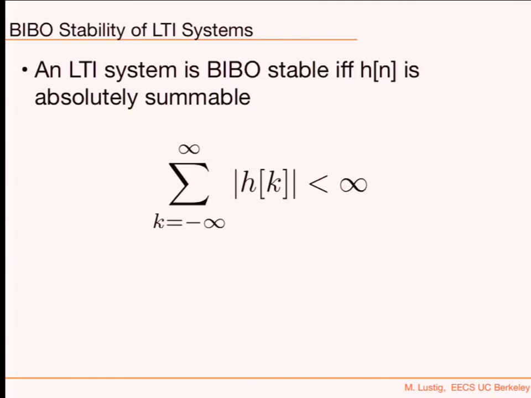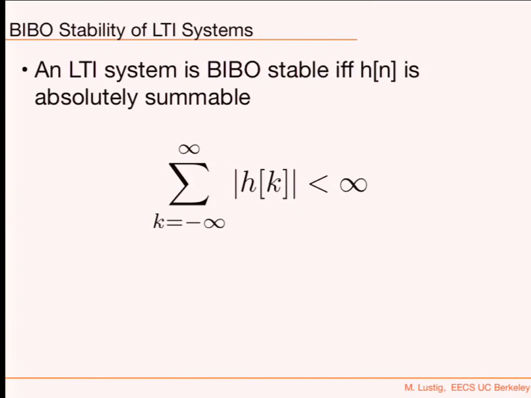If you look at the impulse response for an LTI system, and the impulse response is absolutely summable, that means the system is going to be BIBO stable. Very useful. Give me an LTI system, give me the impulse response, and I can tell you just by looking at it whether this is a stable system. Very, very useful thing.